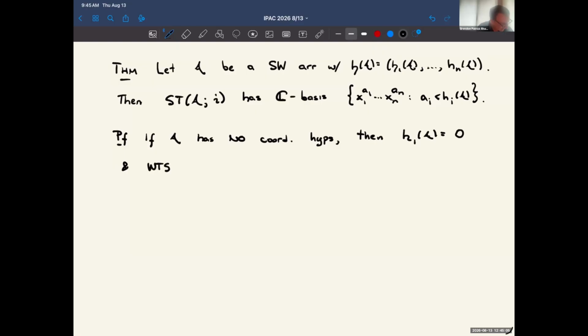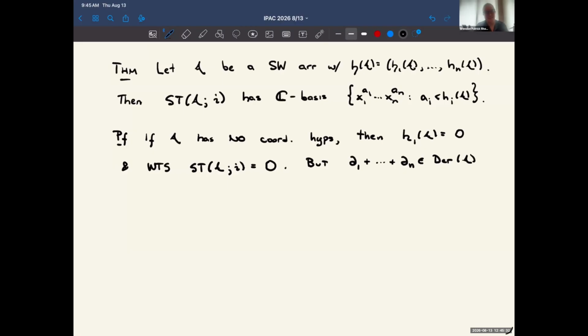And this means that the content of this theorem is that the Solomon-Terao algebra of A had better be 0 in this case. But here's the thing, if I don't have any coordinate hyperplanes, this guy, partial 1 plus partial 2 plus through partial n, will be a derivation of A, right?